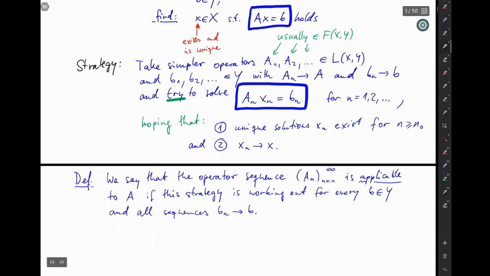Okay, when we write bn converges to b, then what we mean is convergence in the space Y that is equipped with a norm, let's say the norm of Y.